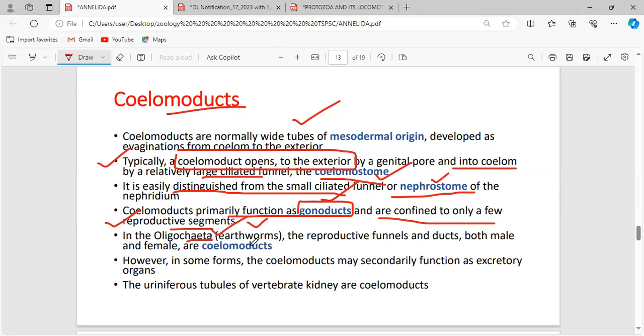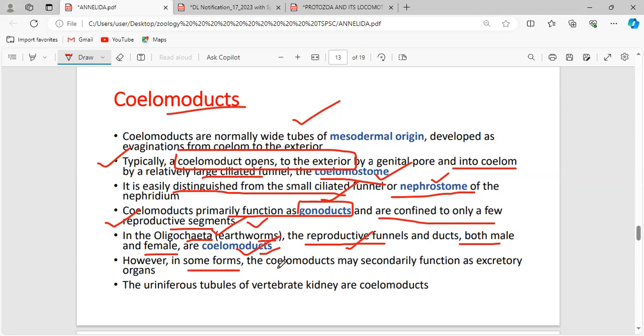Again, a class under the phylum Annelids, and the best example for Oligochaeta is the earthworm. In the earthworm, the reproductive funnels, the gonoducts or the coelomoducts, both male and female, are coelomoducts.